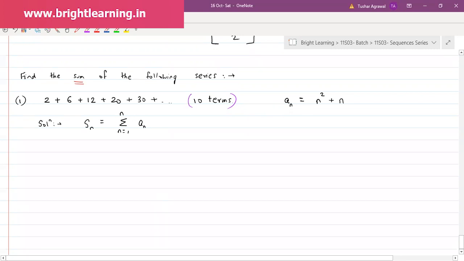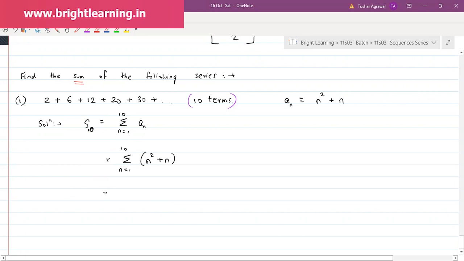You are asking me to calculate A1, A2, A3, A4, A5, A6 up to A10, the sum of the first 10 terms. So what is the nth term? Each term is given by the pattern n square plus n, where n varies from 1 to 10.